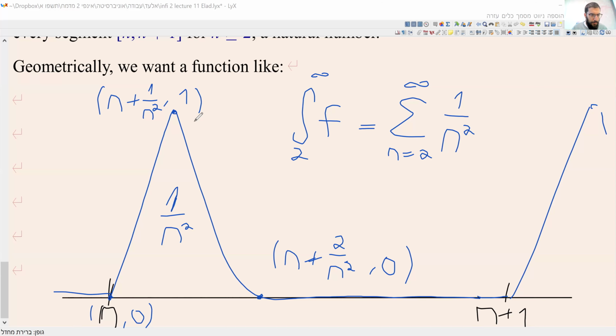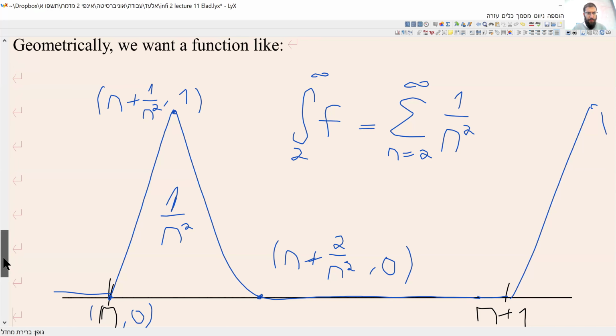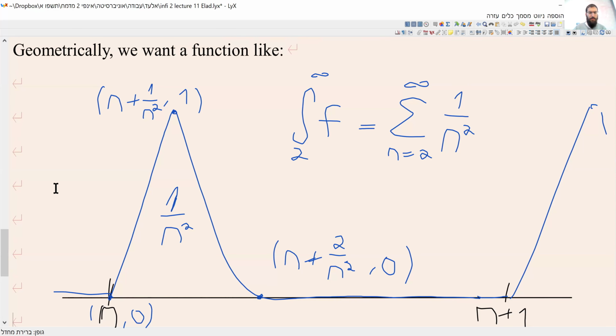Now, let's paste it to the PNG and move on. I want to write down explicitly what f is. Not just geometrically speaking, but what f(x) is, and write the different cases and see in every one what f should be.